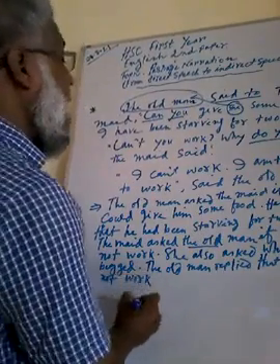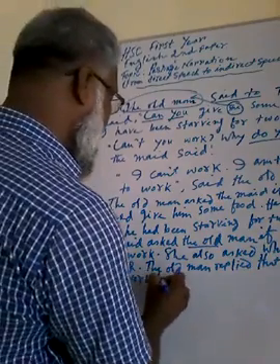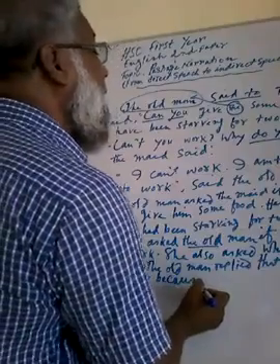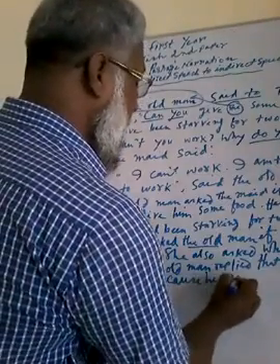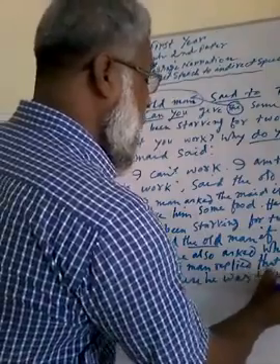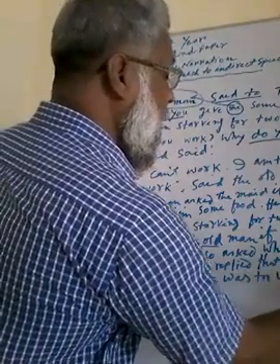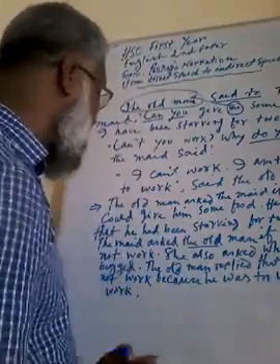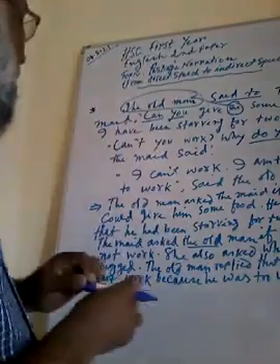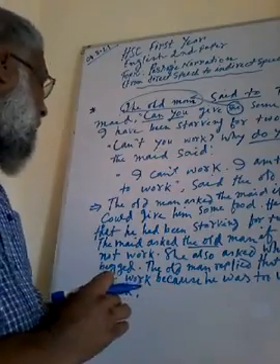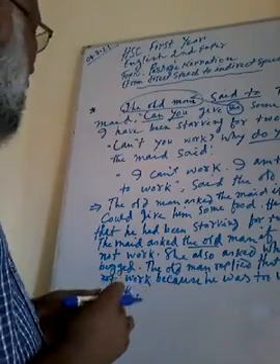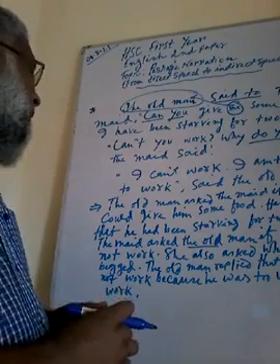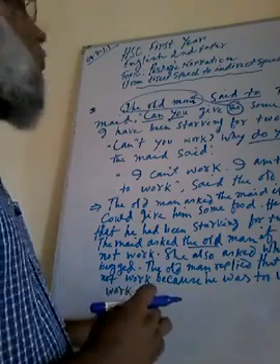He could not walk because he was too weak to walk. Or we can write down the statement in this way, that the old man or he added that he was too weak to walk.